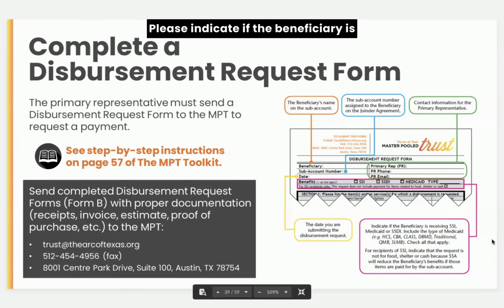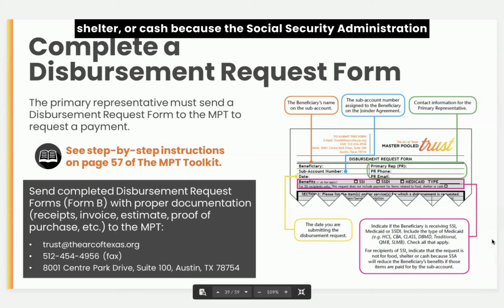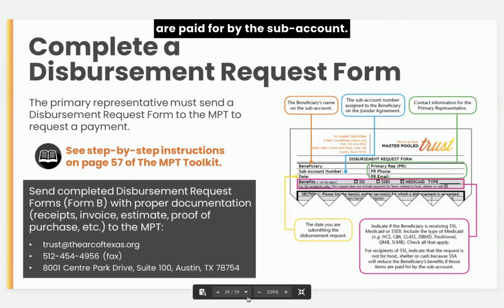Please indicate if the beneficiary is receiving SSI, Medicaid, or SSDI. Please include the type of Medicaid. Check all that apply. For recipients of SSI, indicate that the request is not for food, shelter, or cash because the Social Security Administration will reduce the beneficiary's benefits if those items are paid for by the subaccount.